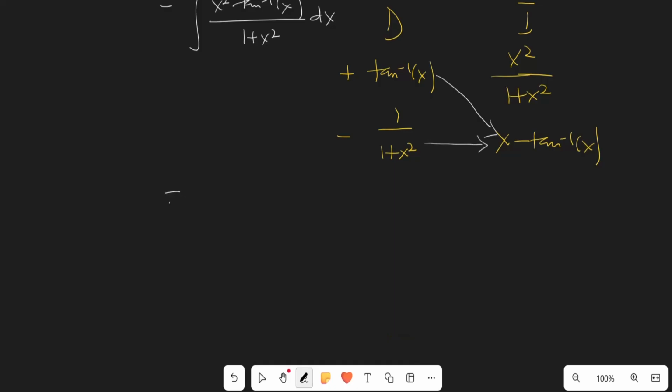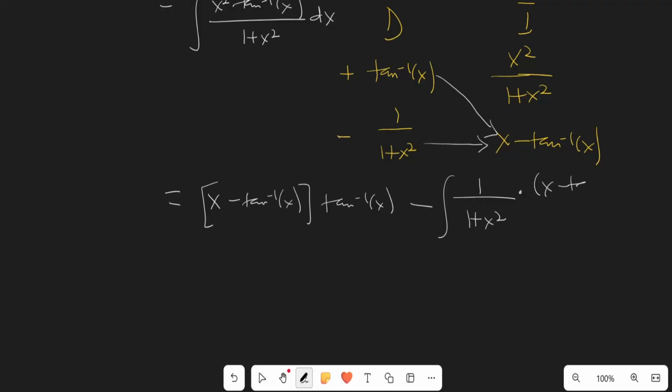So our integral now becomes, multiplying terms horizontally is going to be x minus tan inverse of x. All this is multiplied by tan inverse of x minus, that is this integral, the integral of 1 all over 1 plus x squared multiplied by x minus tan inverse of x. All this dx.